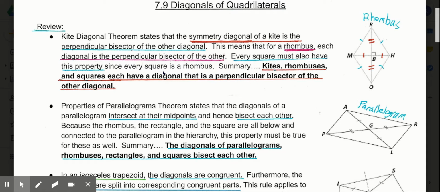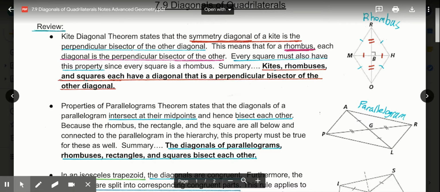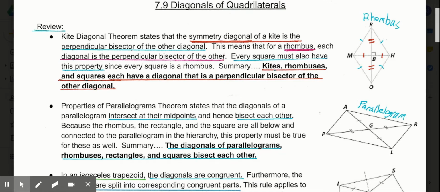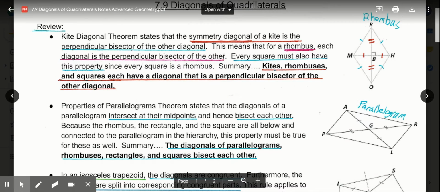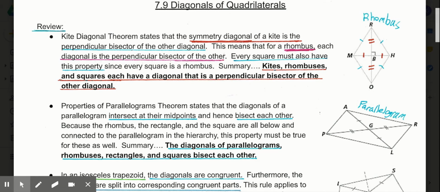This means that for a rhombus, each diagonal is the perpendicular bisector of the other, which you can see in the diagram over here at the right. That means every square must have this property too, because every square is a rhombus.